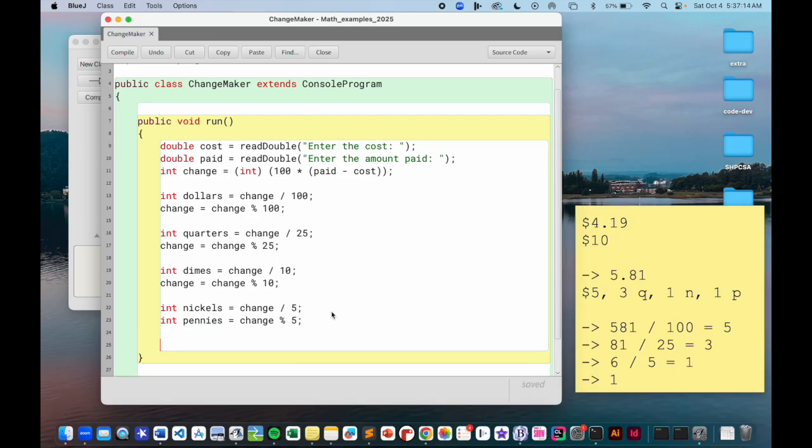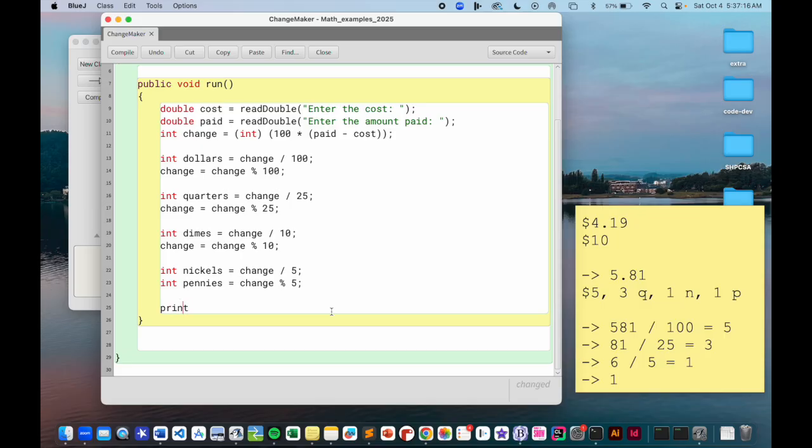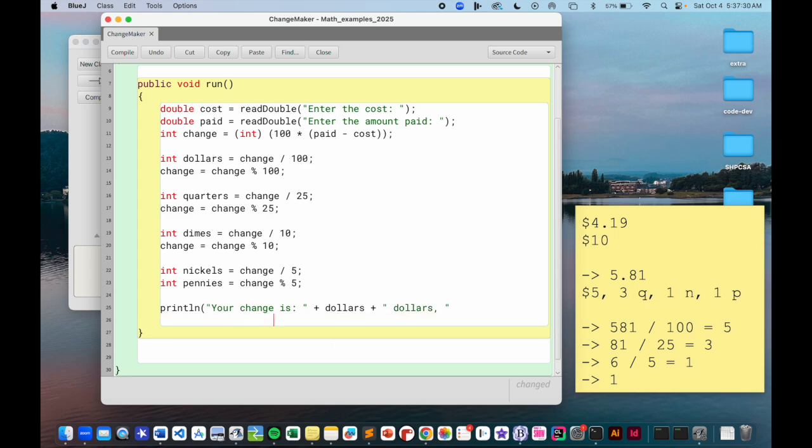All right, are you ready for the world's worst print line? Let's do print line. Your change is dollars, dollars. Oops. Oh, we're so not done yet.